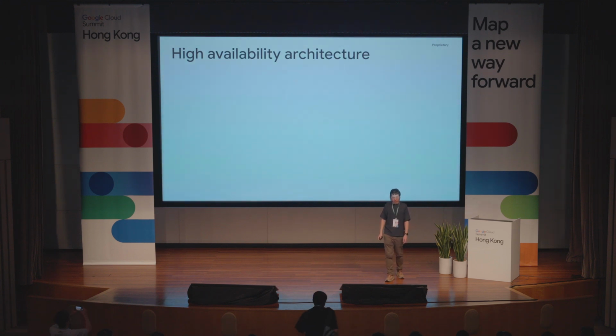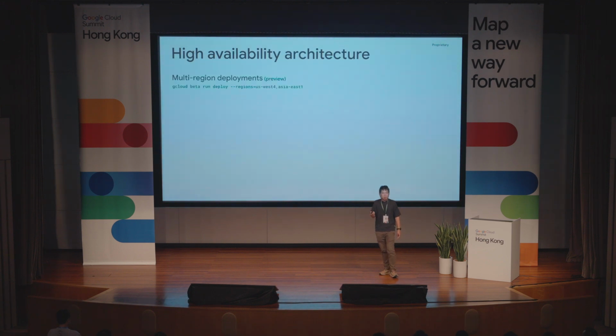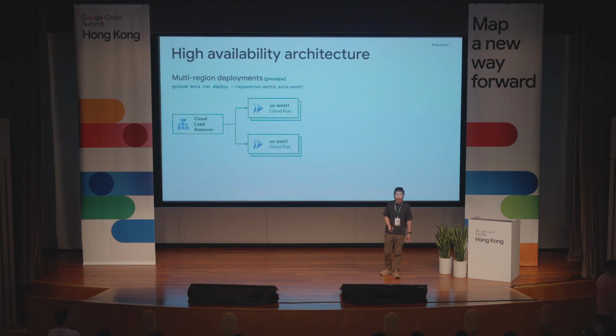Okay. On the HA architecture on Cloud Run. Cloud Run is actually a regional service, and we handle replication within the region, across different zones. It's all built in. So it's good enough for many use cases, but some customers just want more. If you want to run a multi-region deployment to increase, say, the uptime and decrease the latency, what you can do now is use a single command like this, gcloud run deploy across different regions, and then you can deploy the same Cloud Run service across multiple regions.